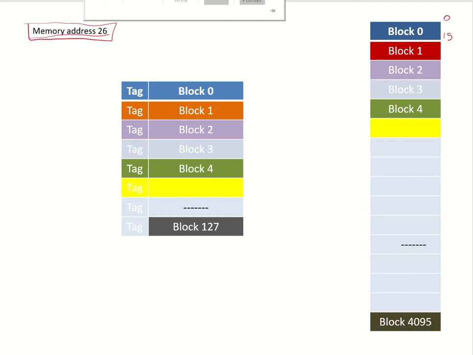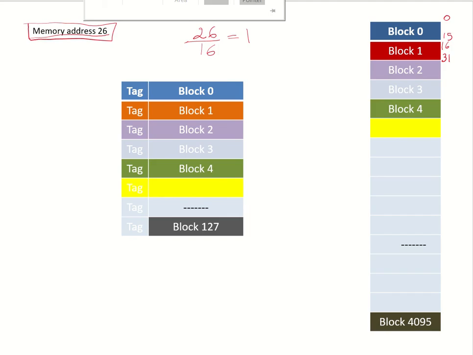So addresses 0 to 15 will be present in block 0, and 16 to 31 will be present in block 1. That means memory address 26 will be present in block 1. Another way of doing it is 26 divided by 16, which is 1. So this also shows that it would be present in block 1 of the main memory.